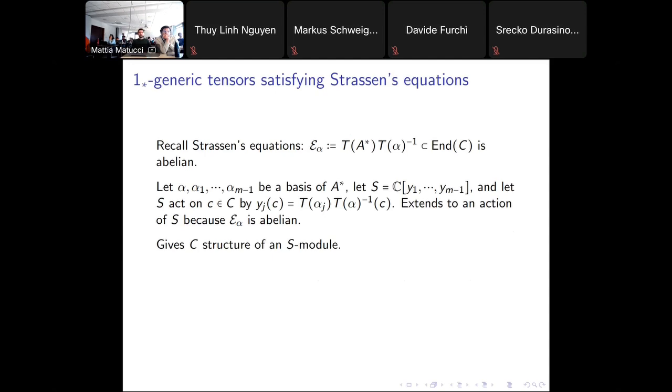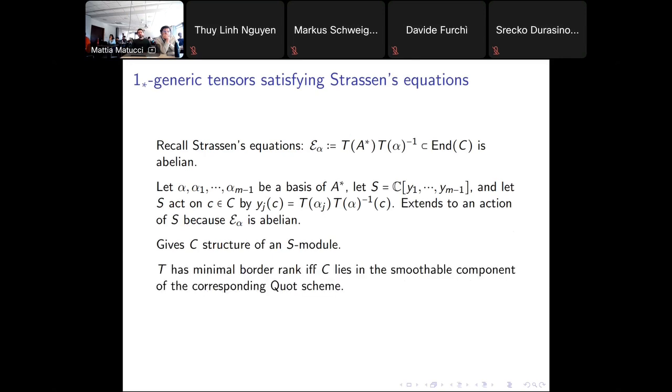And now we can ask ourselves the same question: when is our module the limit of trivial modules? That is to say, in this situation, our tensor T has minimal border rank if and only if this module lies in the smoothable component of the corresponding Quot scheme.